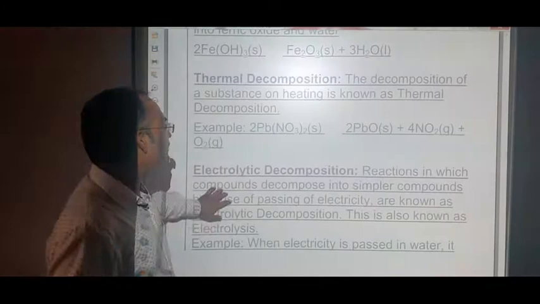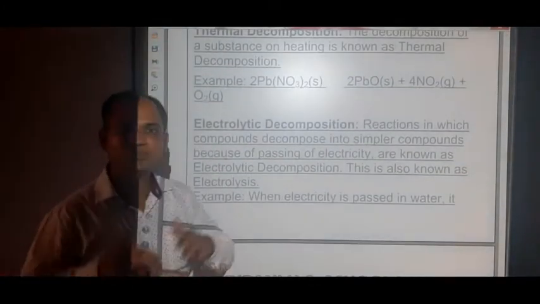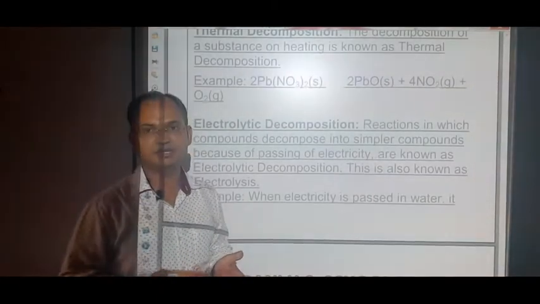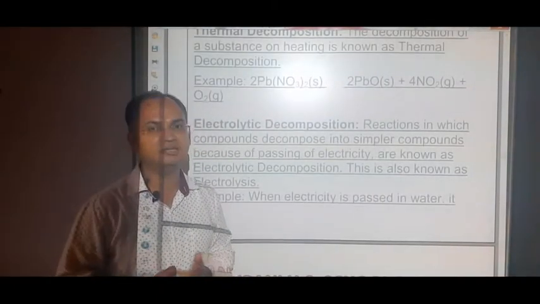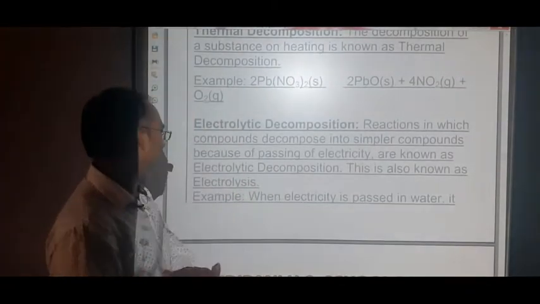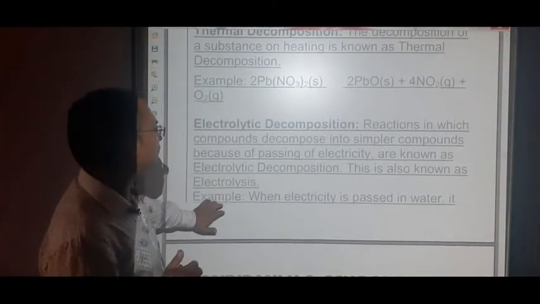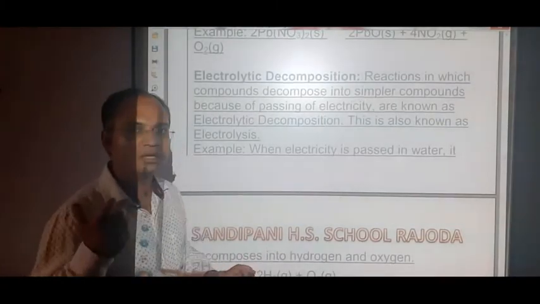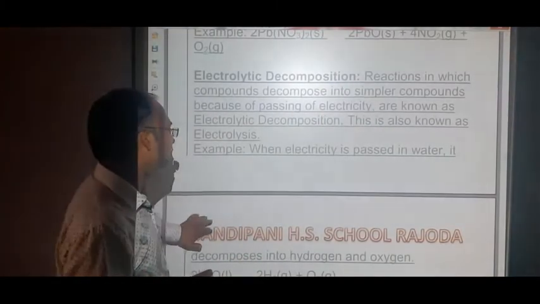But whenever the decomposition or breakdown of a substance takes place by the electrolytic method with the help of electrical energy, we call it electrolytic decomposition. Electrolytic decomposition needs electricity to be passed through that substance or compound.